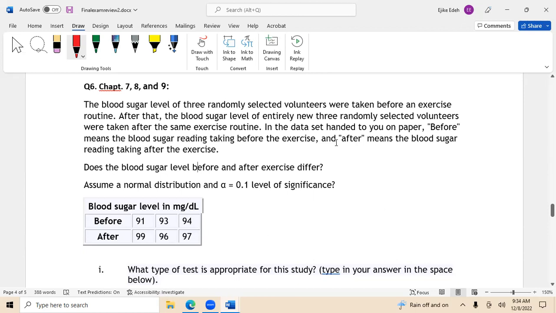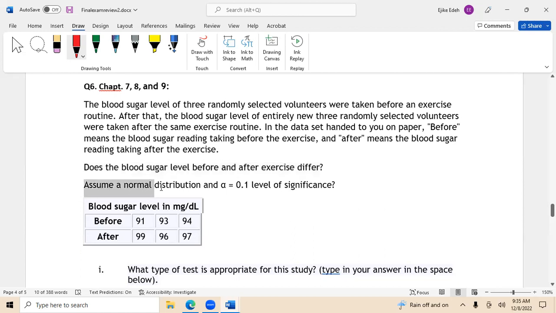Okay, so it says here, in the data set handed to you on paper, so I've included the data here. Before means the blood sugar level before, and after means after exercise, of course, right? So the question is, does the blood sugar level before and after differ? I mean, is there a difference between these 2 groups of people?